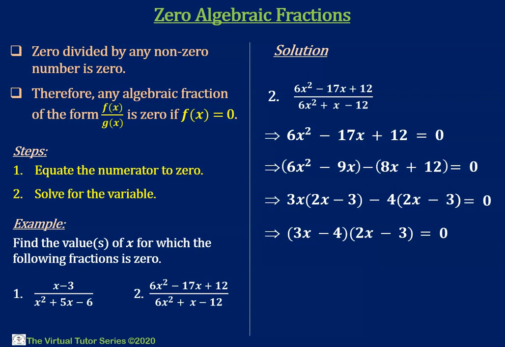If the product of two numbers is 0, it implies that either of them can be 0. So either 3x minus 4 is equal to 0, which implies that x is equal to 4 over 3, or 2x minus 3 is equal to 0, which implies that x is equal to 3 over 2.